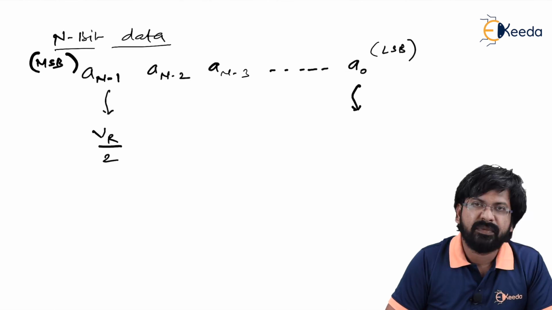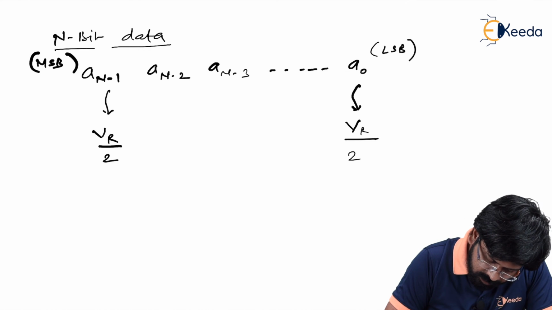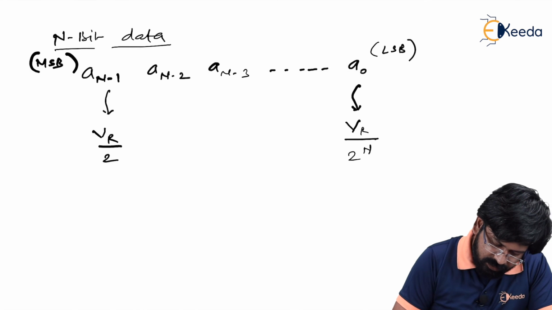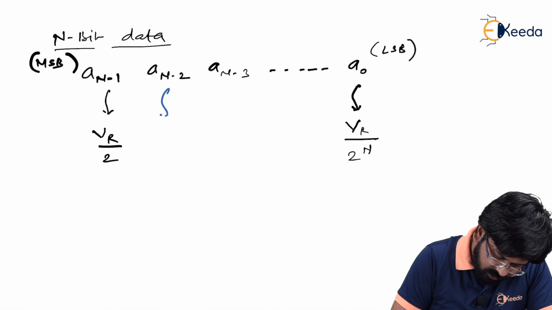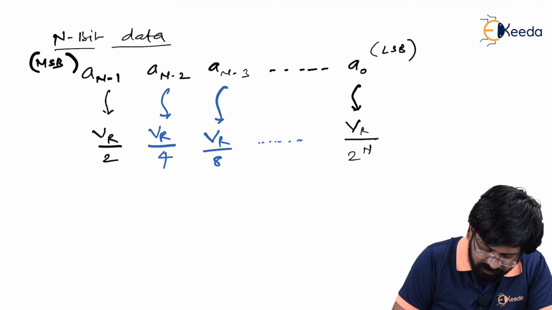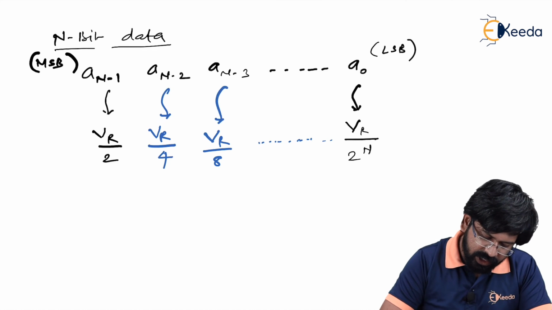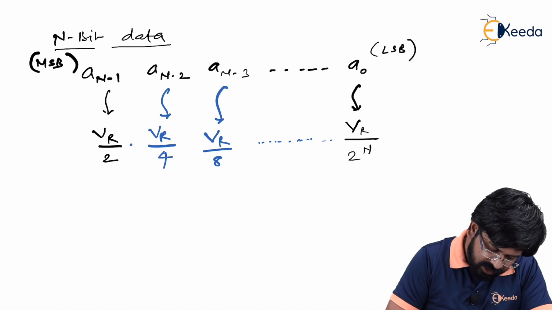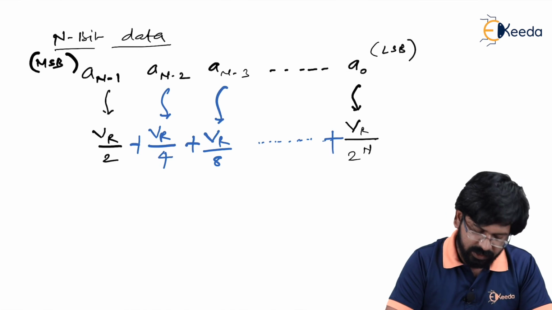And for LSB, we have just seen you got VR divided by 2 to the power n. So it goes this way. For the very next bit after MSB, you get output as VR divided by 4. For this, you will get output as VR divided by 8, and so on. I mean VR divided by 16 and so on. You have to go up to VR divided by 2 to the power n, and you end up with LSB also. And then you'll have to add all of them together so as to get a total output.